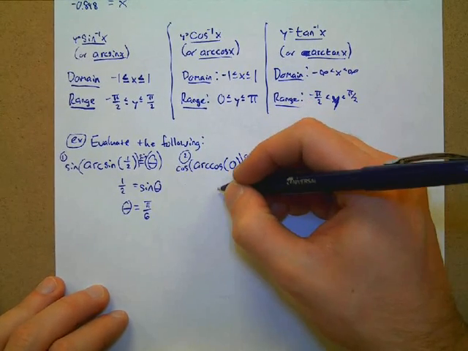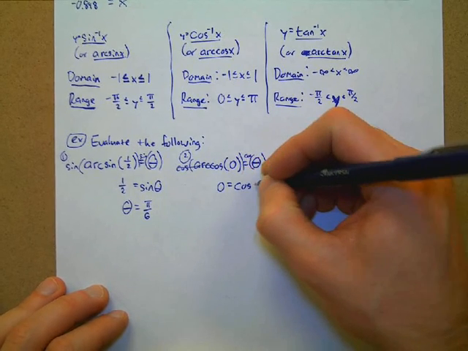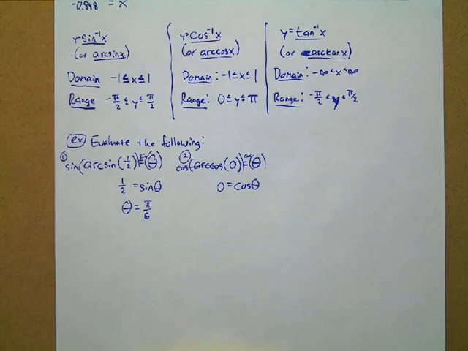So the question is, cosine of what gives us 0?